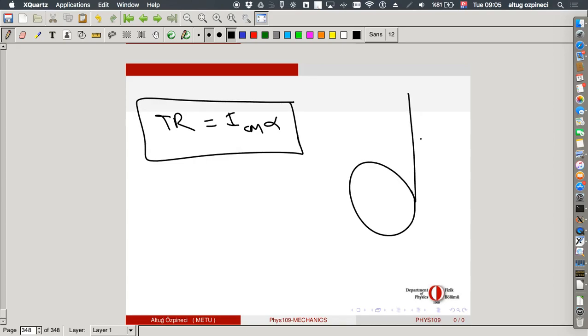Again, let me redraw it. This is the tension, this is the weight, this is r. Now what can you say about tension times r? It is the torque around the center of mass.